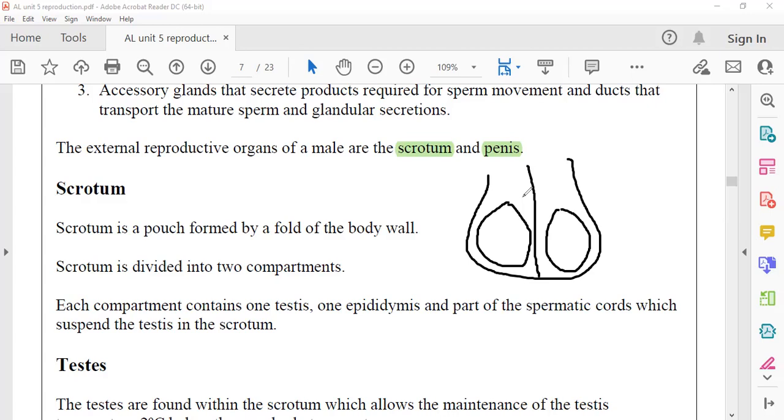The main reason is that when placed in the scrotum, the temperature in the testis environment will be 1 to 2 degrees Celsius less than the body temperature. That temperature is important for effective and efficient sperm production.